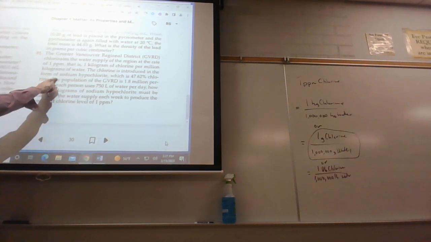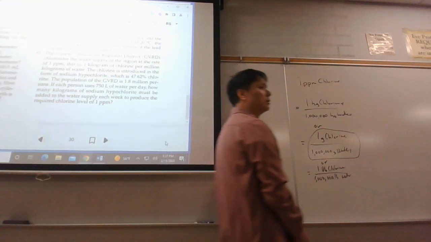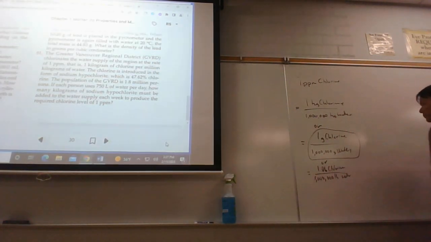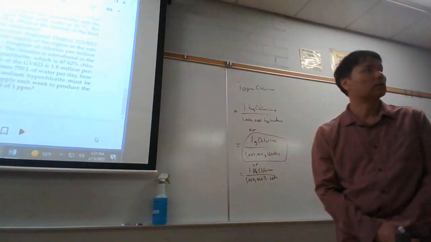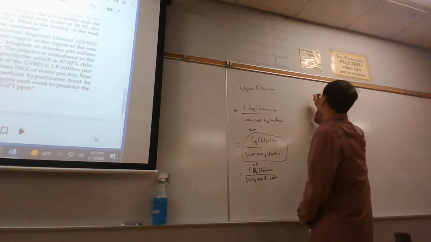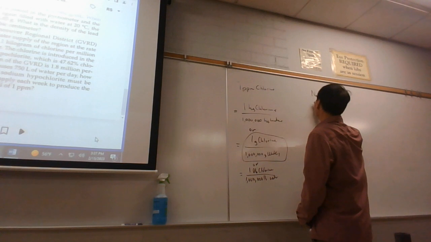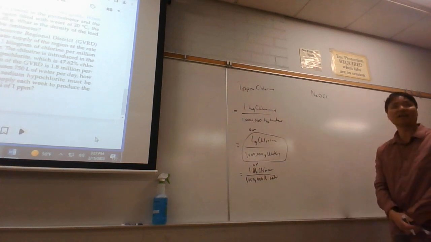The chlorine is introduced in the form of sodium hypochlorite. What's the formula for sodium hypochlorite? Which is bleach. NaClO. NaClO is correct, but if you look at a bleach container, it's usually written NaOCl.